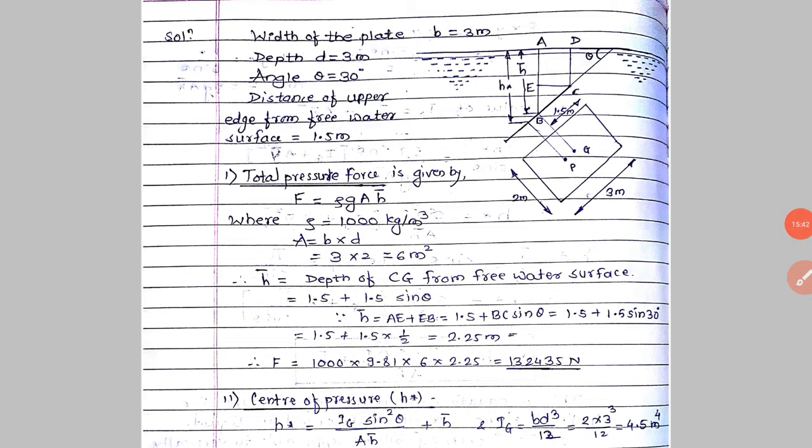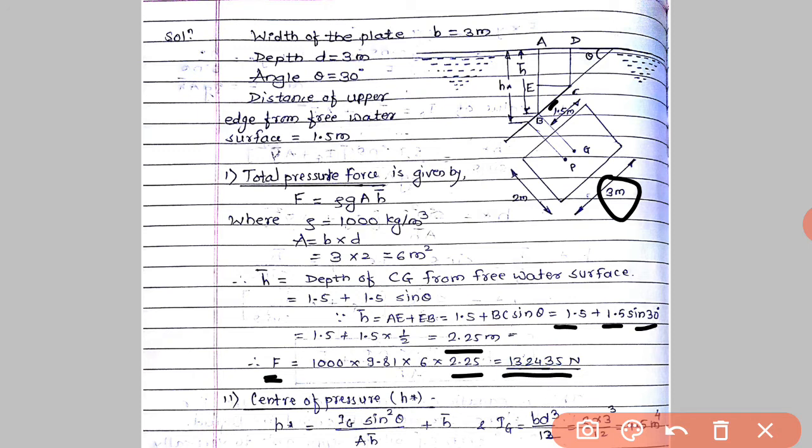So EB is equal to BC sin theta. The value of BC is 1.5 meter, that is half of this portion. So 1.5 plus 1.5 into sin 30 degree. So here comes 2.25 meter. So put the value of h bar here, we will get the value of total pressure force, 132435 Newton. This will be our required value.